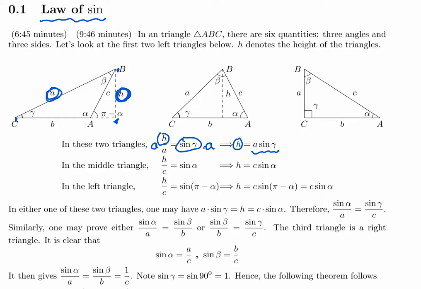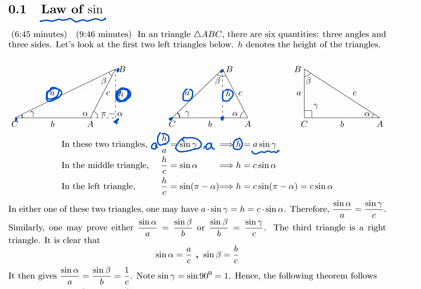In the second triangle, if you look at C, B, and this vertex, you have H over A is sine gamma. So H over A again is sine gamma.